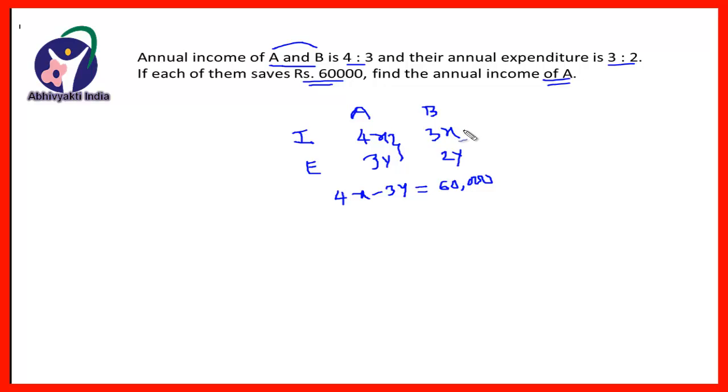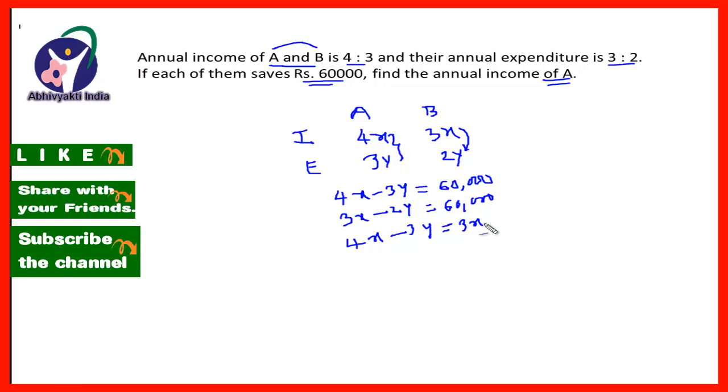Similarly, as far as B is concerned, income minus expenditure, that is 3x minus 2y, and that saving is also 60,000. And therefore 4x minus 3y is equal to 3x minus 2y.